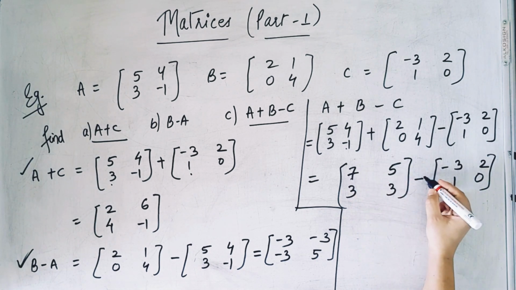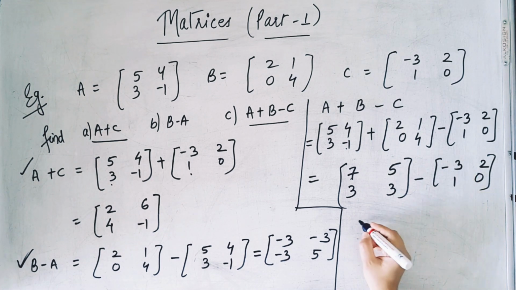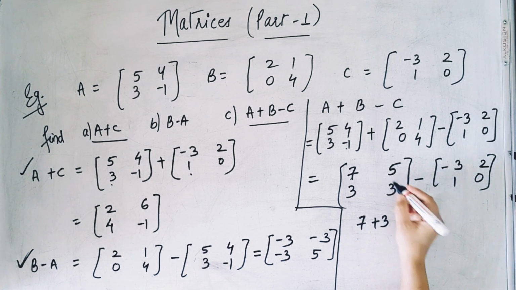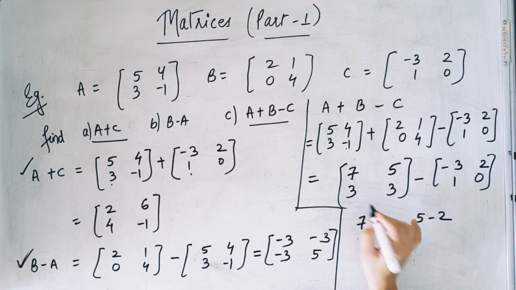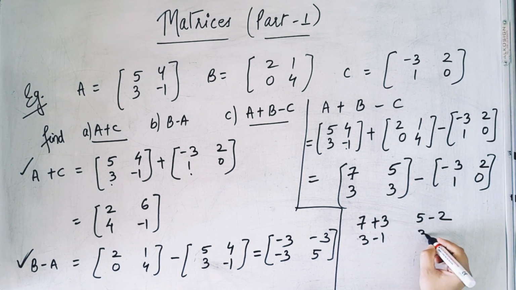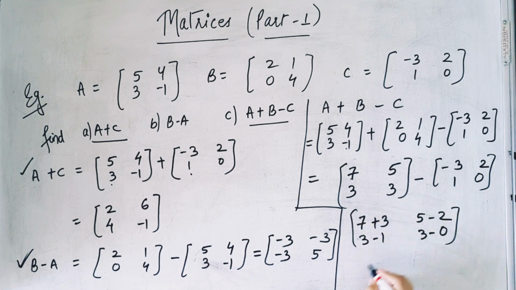So 7 minus minus 3 will become 7 plus 3, 5 minus 2, 3 minus 1, 3 minus 0. So we'll get 10 3 2 3. This is how we can solve addition and subtraction of matrices.